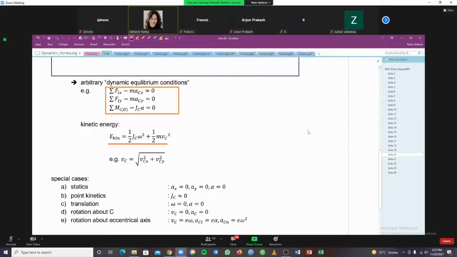Third option is a pure translational motion. Then our rotational values are equal to 0, meaning angular velocity and angular acceleration would be equal to 0. And of course, we could have a pure rotation about the center of gravity.